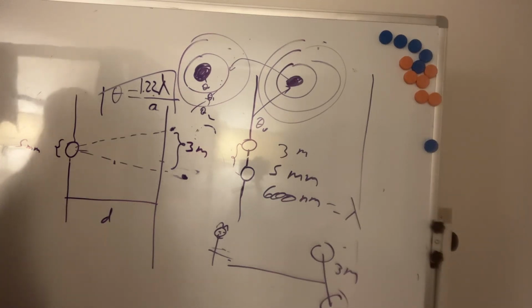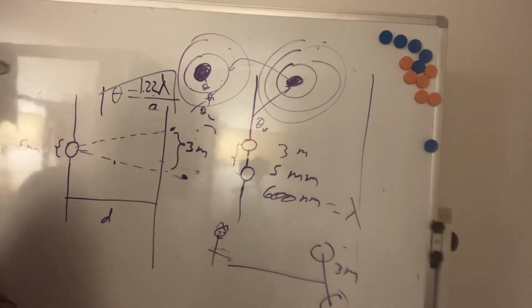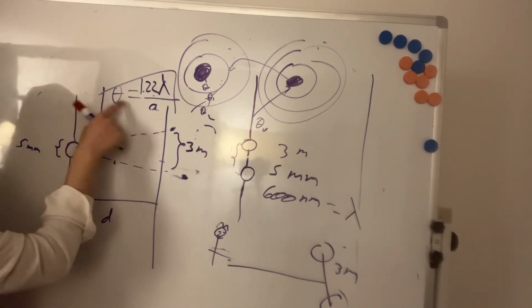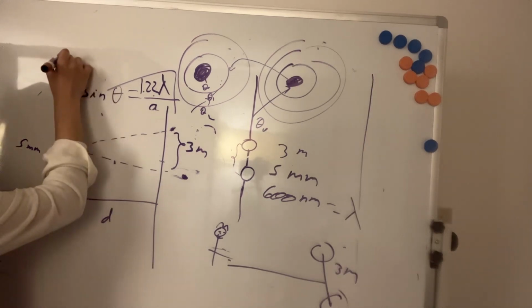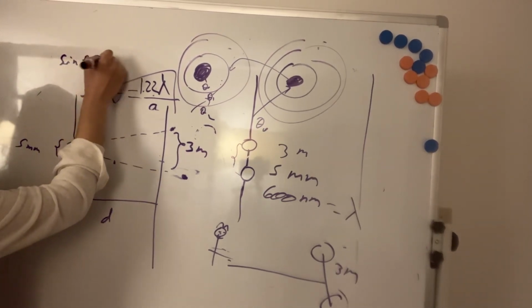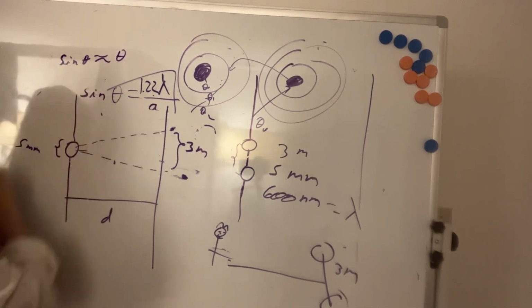So first we will use the small angle approximation. Remember that here it is not quite theta, it is sine theta, but because for the small angle approximation sine theta is equal to theta, we could use it as that.